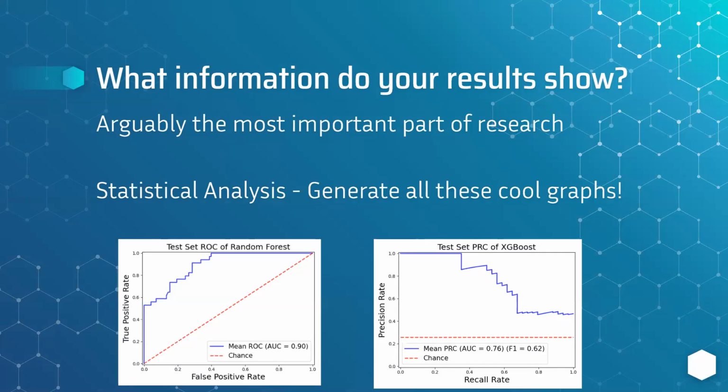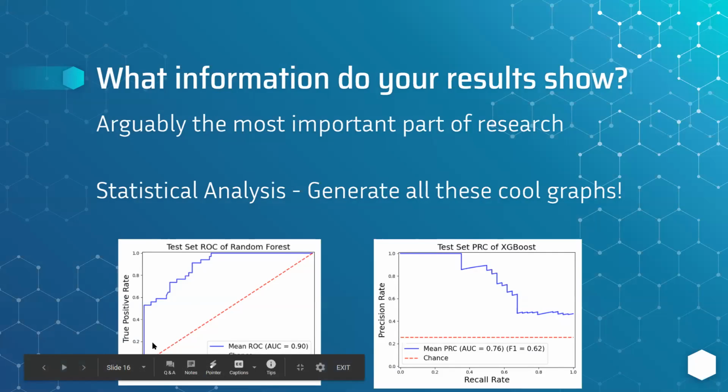I won't explain them in detail, but if you're interested, you can always go on Wikipedia, search what a receiver operating characteristic curve is or a precision recall curve is. And you can learn all sorts of stats anywhere if you just Google it, like Khan Academy and all that. And from these graphs, we can pull out significant data.